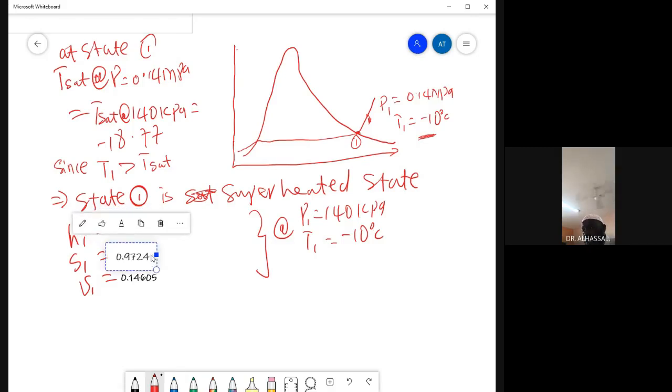And this is also kilojoules per kilogram per Kelvin. And this is meter cubed per kilogram. So these are very important properties.